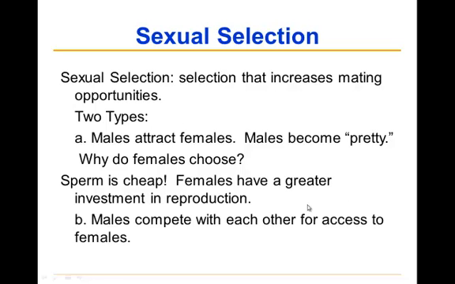The second type is when males compete with each other for access to females. This results in males being either larger and stronger or better armed than females. And this is for combat between males to gain access to females. And again, we'll show you an example of that. But first, let's look at an example of males attracting females.